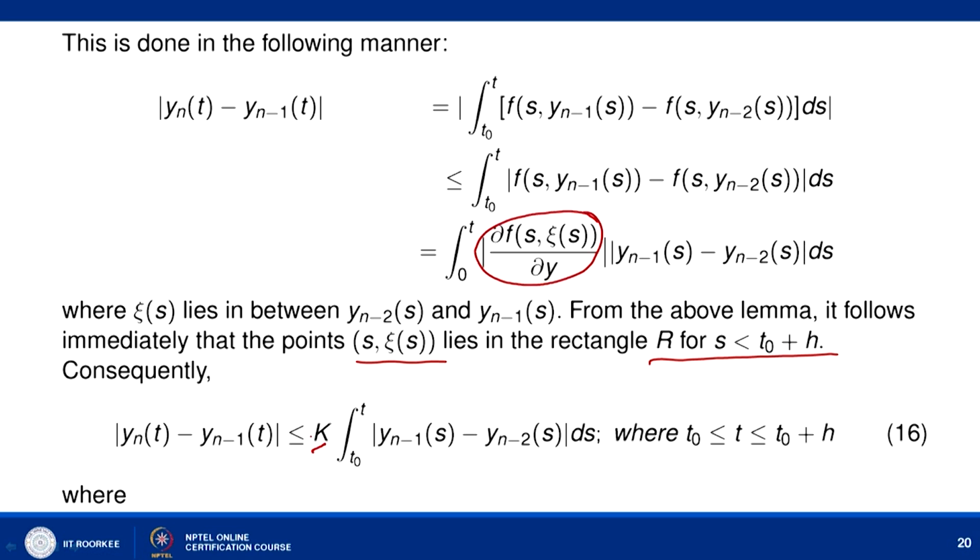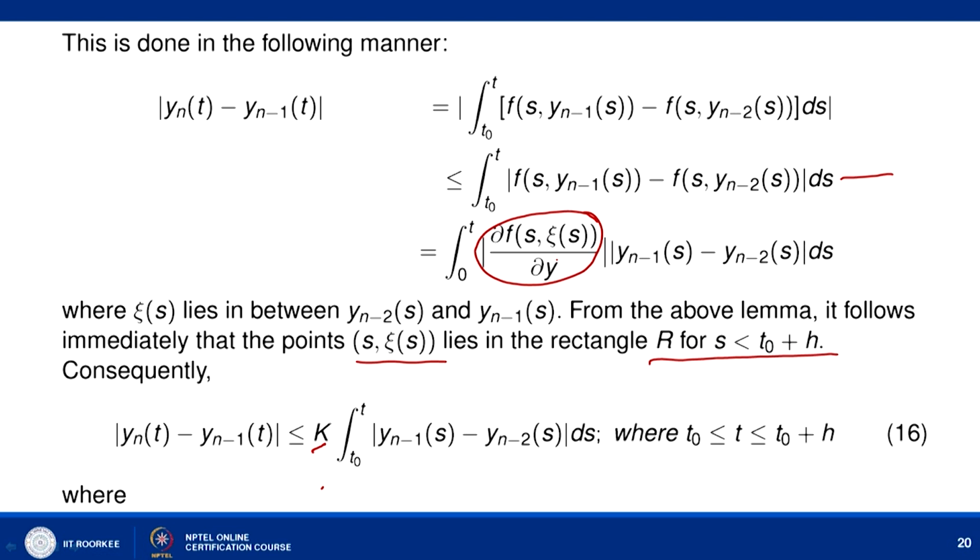If you use the Lipschitz condition, then this is bounded by the Lipschitz constant k, and from here we can directly move to this. If we are using the boundedness of the partial derivative, then we use the condition that (s, xi(s)) lies in this rectangle, and in this rectangle this is bounded by k.